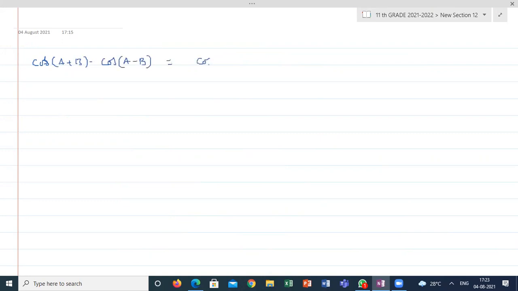Same way, cos a cos b minus sin a sin b into cos a cos b plus sin a sin b. Why I am explaining this is, especially this kind of strategy will be useful to solve the numericals based on these questions. That's the reason I am explaining these things.